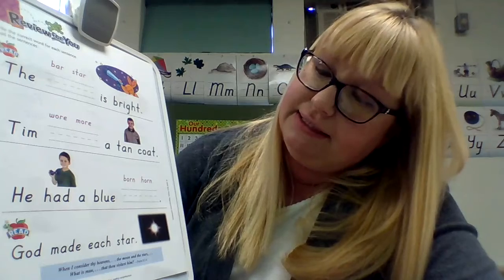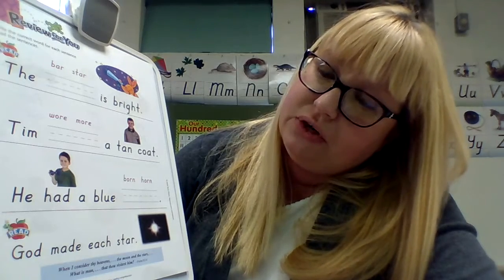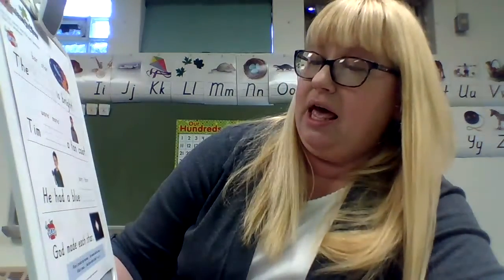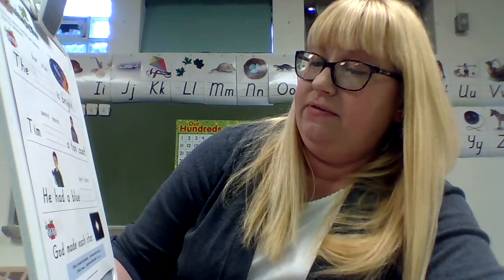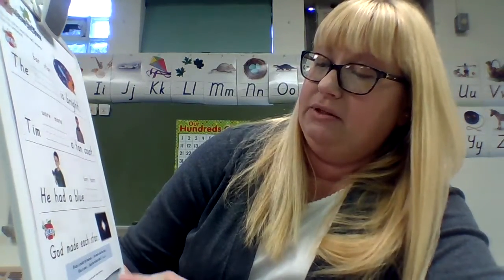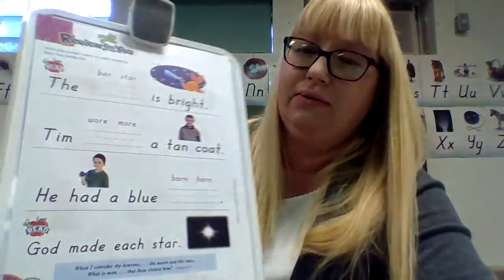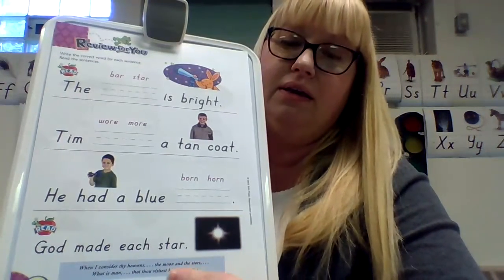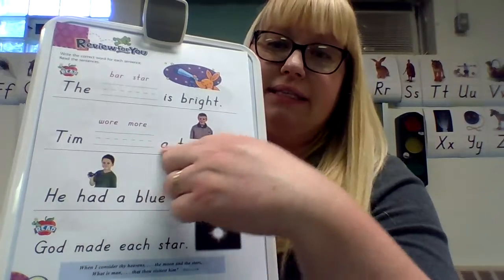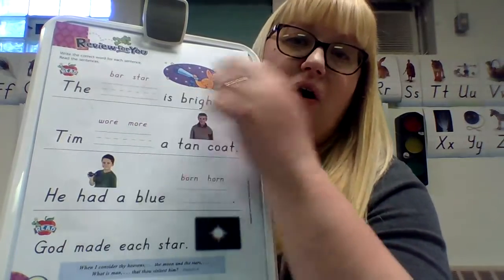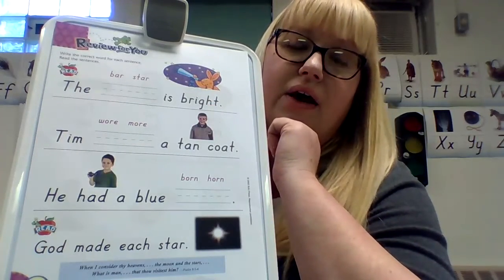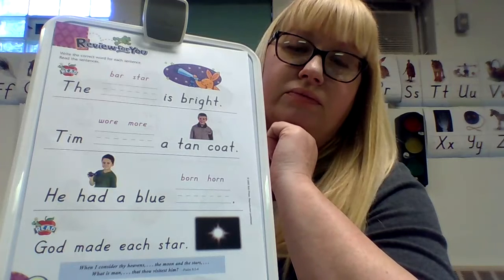It says, when I consider thy heavens, the moon and the stars, what is man that thou visitest him? Psalm 8, verses 3 and 4. All right, so go ahead and read your sentences. Remember, AR is R and OR is OR.